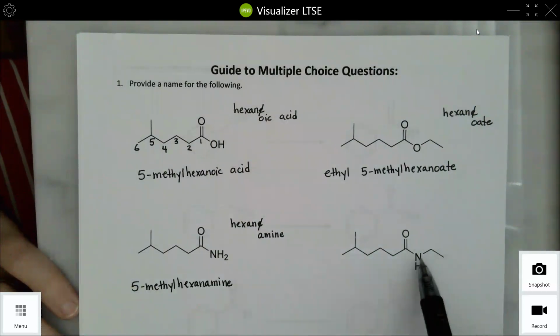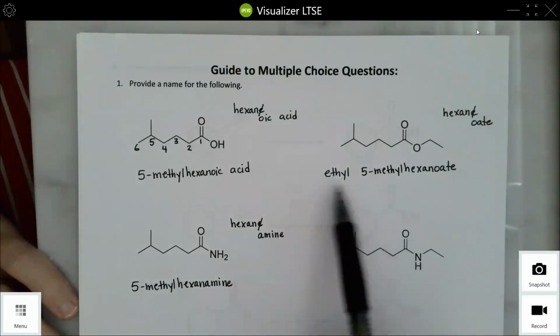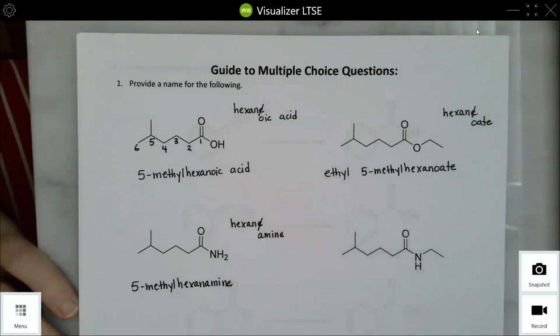This one has a substituent on the nitrogen. So this is what we call an N-ethyl group. So this actually becomes a second substituent, and it's dealt with differently than with the ester. We know we have a 5-methyl, and now we have an N-ethyl. And so we alphabetize.